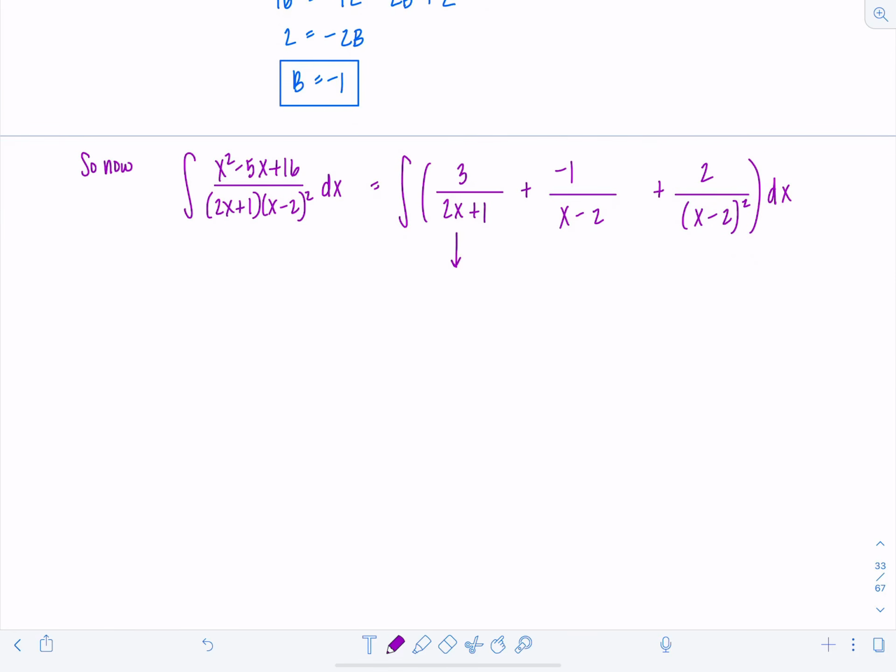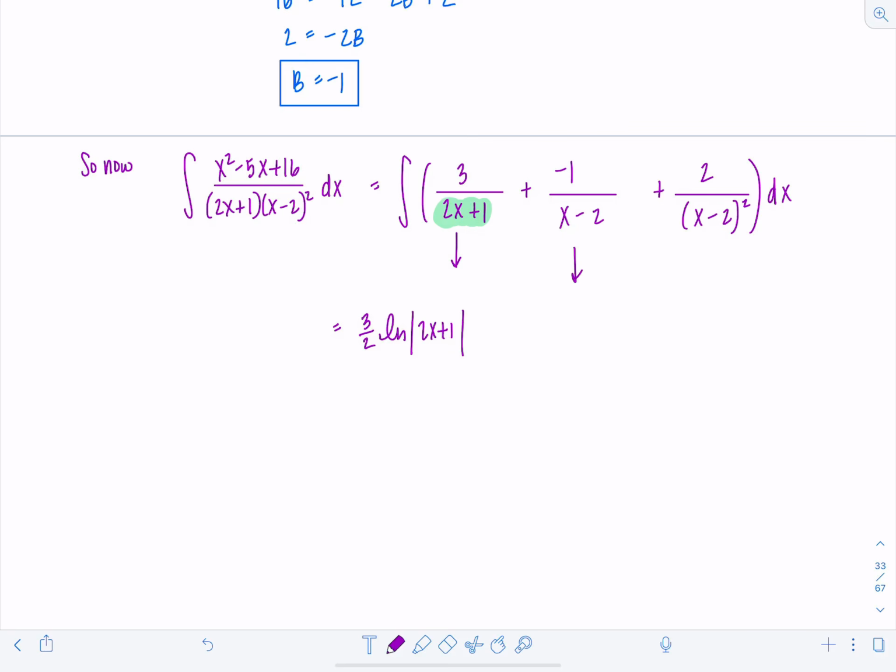So the first one, don't actually do a u-sub. Hopefully at this point in your calculus career you can look at it and say, if I were to let u equal 2x plus 1, du would be 2 dx. So I'm just going to pick up an extra 1/2 in there, okay? So we'll have that 3 and the 1/2, and then you have natural log of the absolute value of 2x plus 1.